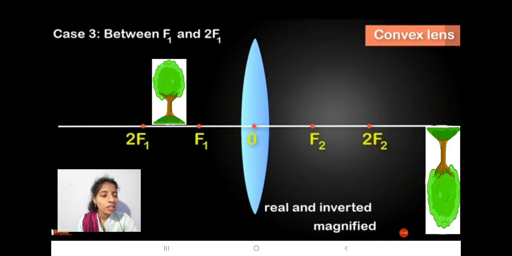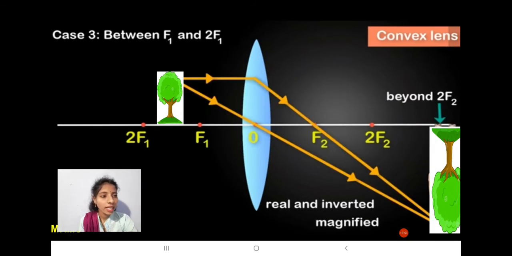Here the image is magnified. When we draw the ray diagrams, you can observe that the position of the image is beyond 2f2. So remember that when we take the object between f1 and 2f1, we will observe the image beyond 2f2, and the image will be real, inverted and magnified.